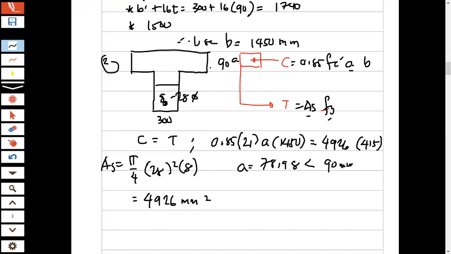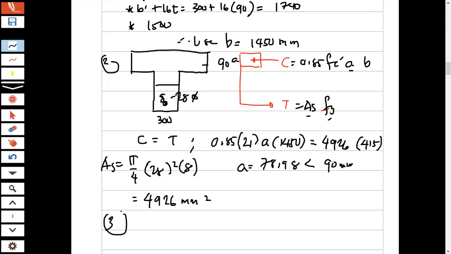Pero kapag malaki yung section, sa flange lang. Yun ang concept ng double reinforced beam. Pagka limited yung section ng beam, malaki yung moment, malaki yung load, yung resistance ng compression block, not enough. Kaya there is a need for an additional compression reinforcement. So in this case, hindi na siya kailangan, kasi enough yung section. So we have 17.98 as our compressive block depth.